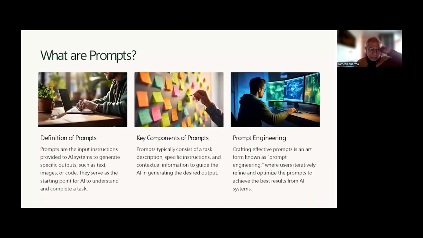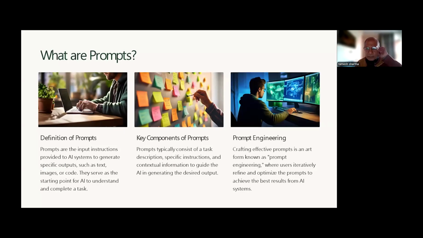So we give the instruction to the system. It is our input instruction given to the AI system so that it can generate specific output. That output can be text, image, or a code, or anything. It can be sound, it can be video, it can be multimedia, anything.